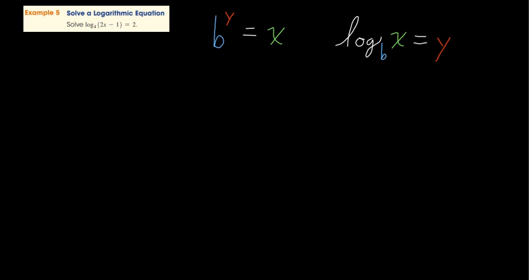Because looking at this particular problem, what we're going to do is transition this logarithm into its exponent, right? So then this particular problem becomes 4 squared, and that's going to be equal to 2x minus 1.